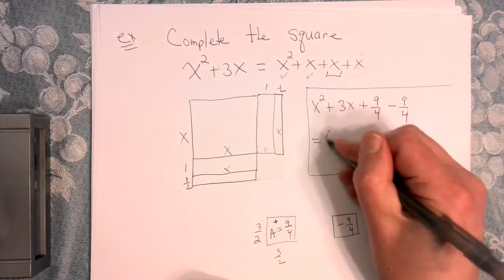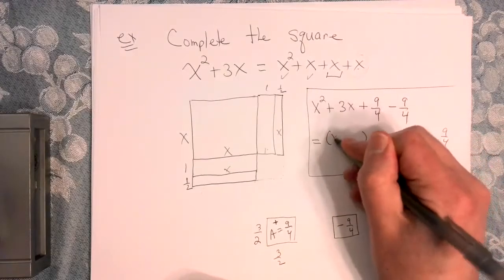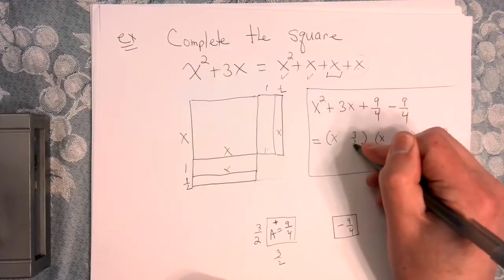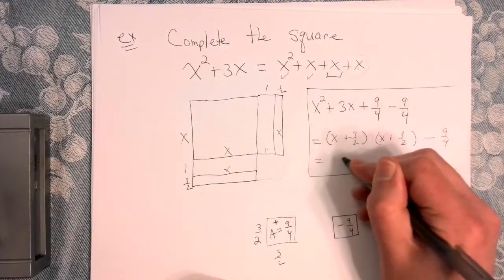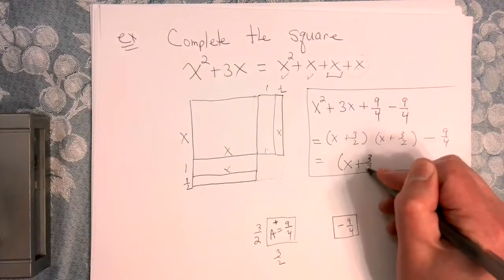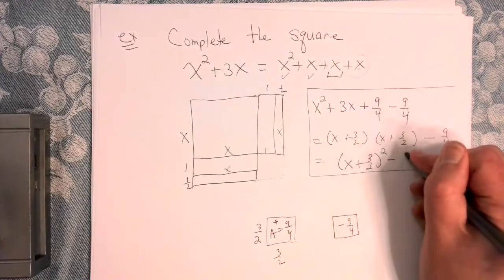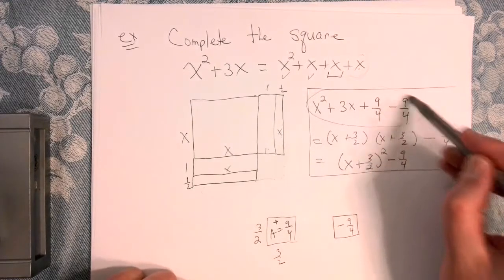This, of course, will factor. So that'll be x times x, 3/2 times 3/2, plus and plus. That's x plus 3/2, quantity squared, minus 9/4. Well, let's take this and see if we notice a pattern here.